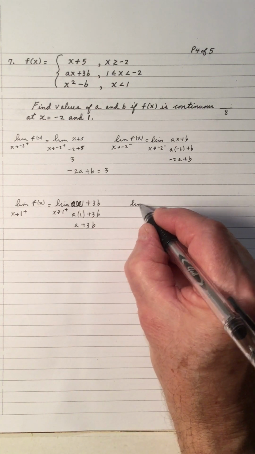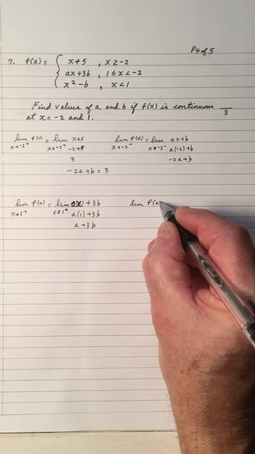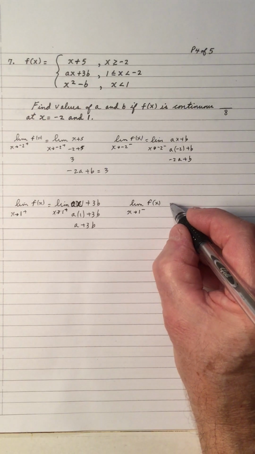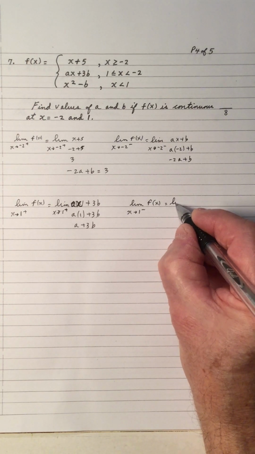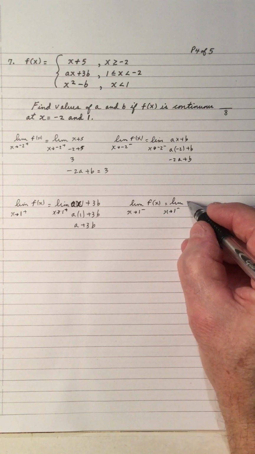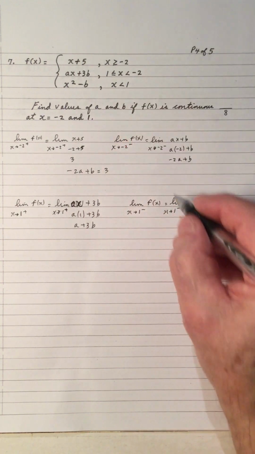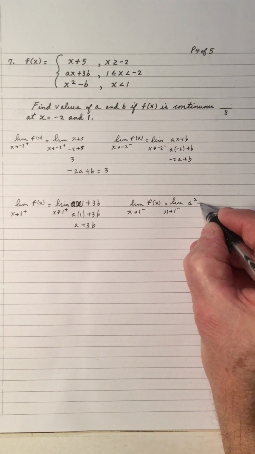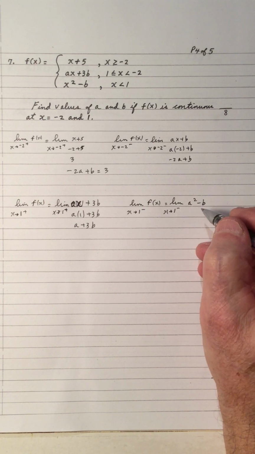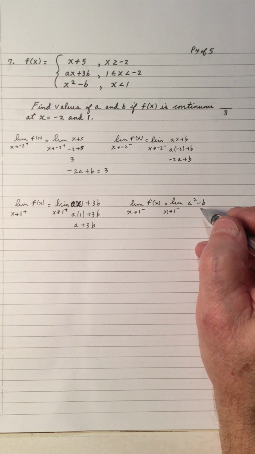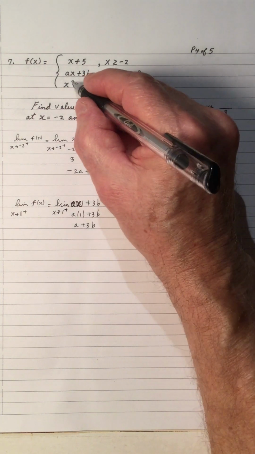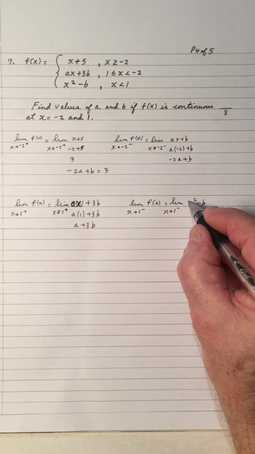Now let's find the limit of f of x as x approaches 1 on the left side. I have to be careful this time. This is the left side, so this is x squared plus b.